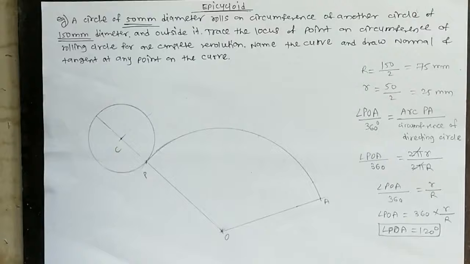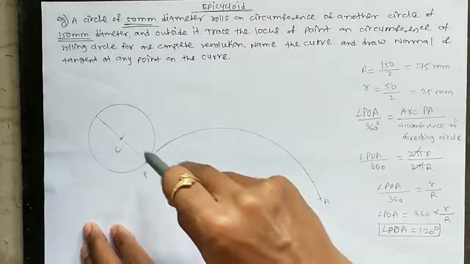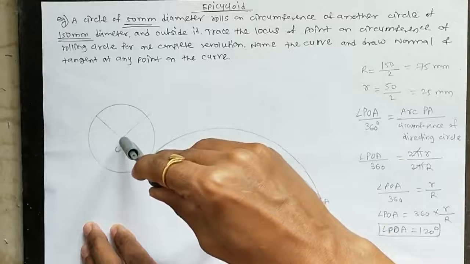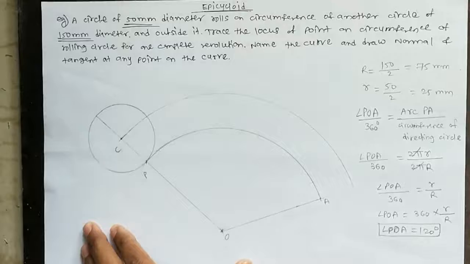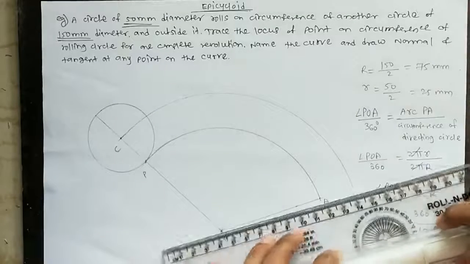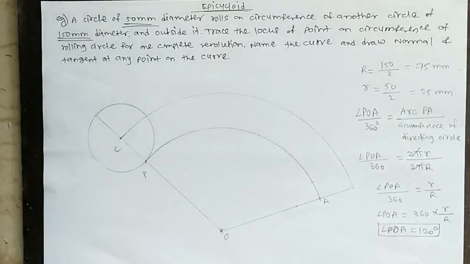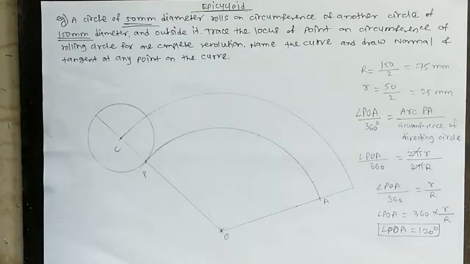Now draw an arc from point C up to the line OA and extend, and divide this 120 degree angle into 12 equal parts.